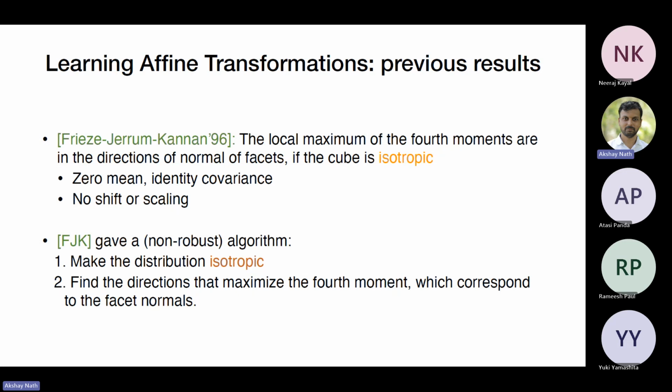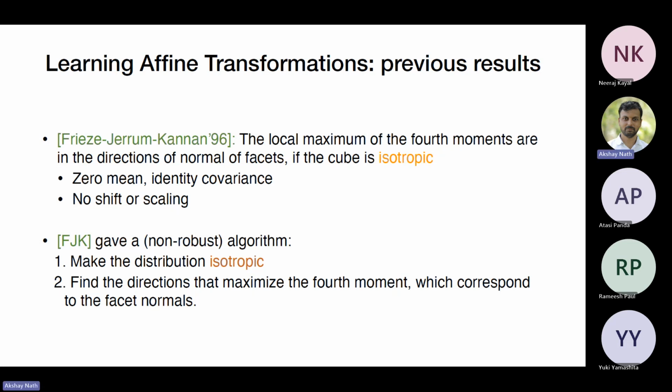So if we first make the cube isotropic, it means it's already in a good position: the mean is 0, and the covariance is the identity. For the hypercube, this is already true. Yes, for the standard hypercube it is true, but here we are learning after the transformation, so it is not always true.